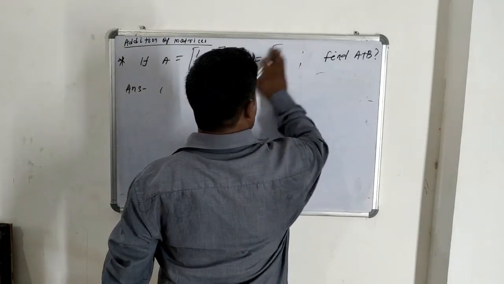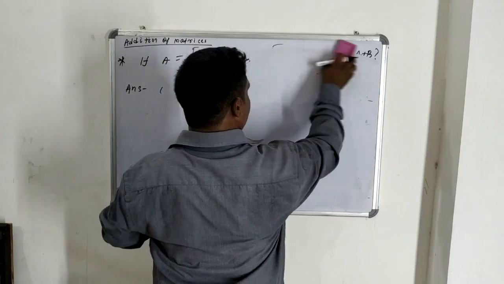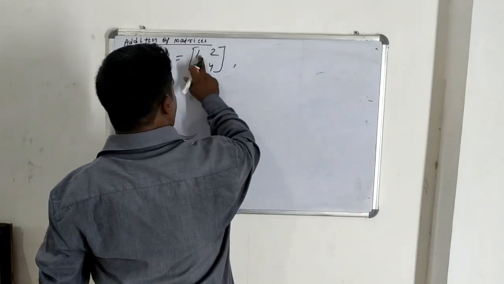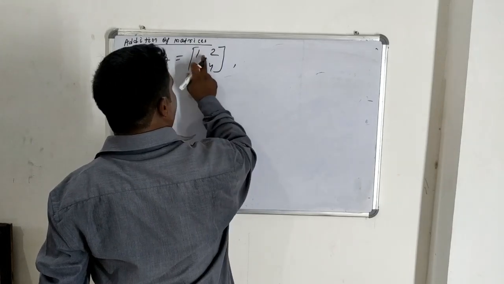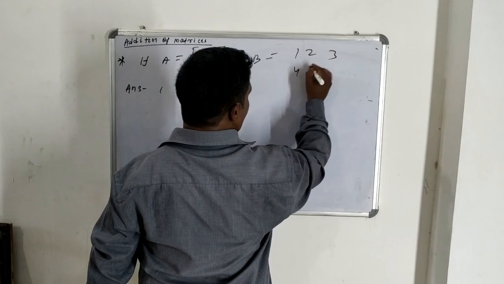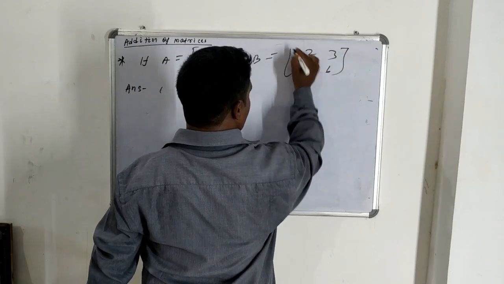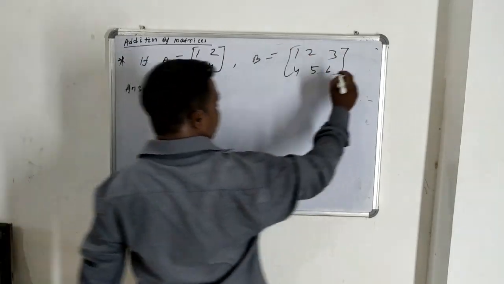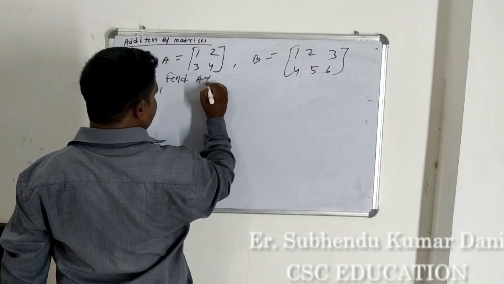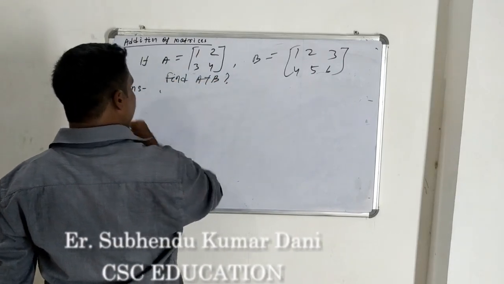Suppose your question is: A is the matrix 1 2 3 4 and B is the matrix 1 2 3 4 5 6. Suppose we have to find A plus B.